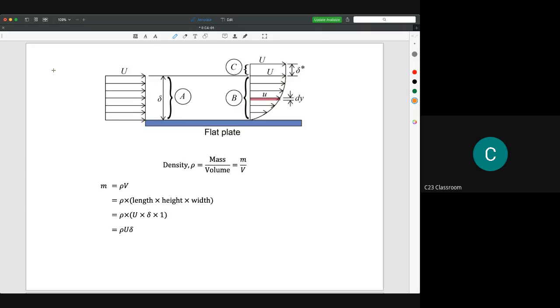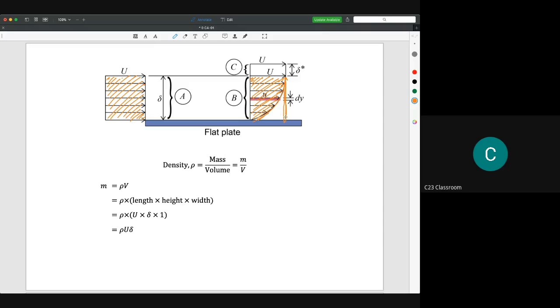If we look at this diagram, we find that if we count all the molecules here, this area has more molecules compared to this area, because this area is a curve, so it remains an empty space. So the balance of mass is not the same, and this will ruin our calculation.